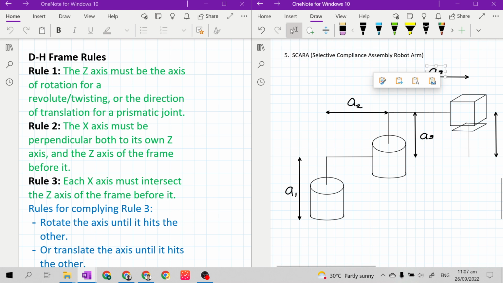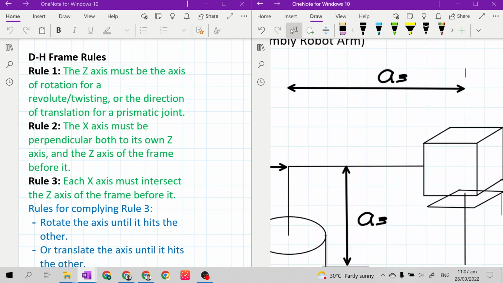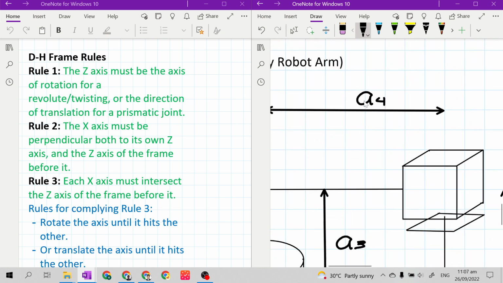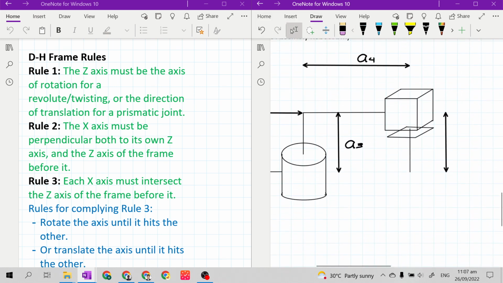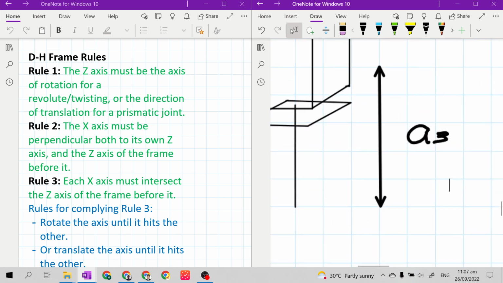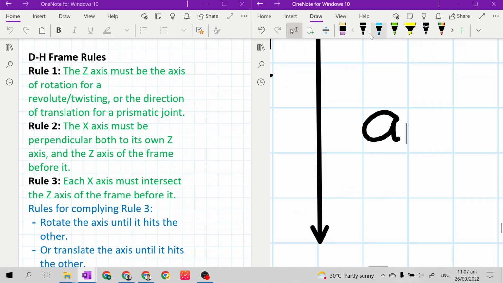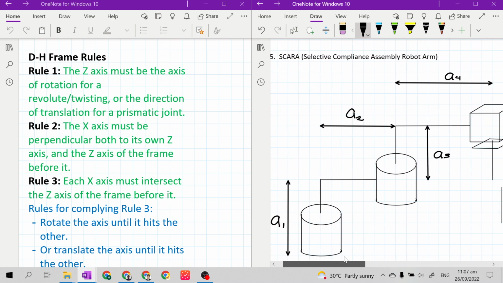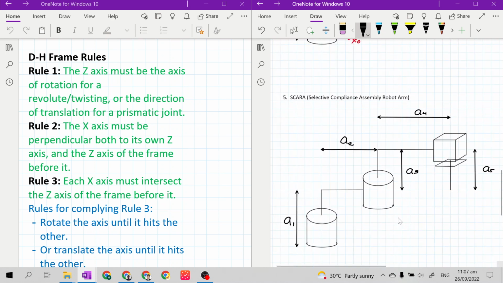Here is A4. Let's replace this with the number 4. Then lastly, for link 5, this is 5. We have 5 links, or 5 link lengths, on our SCARA manipulator.